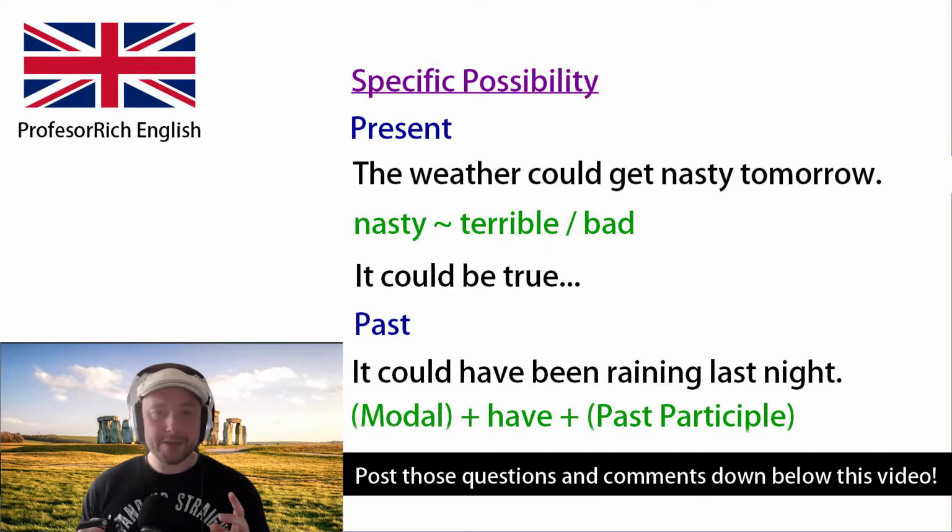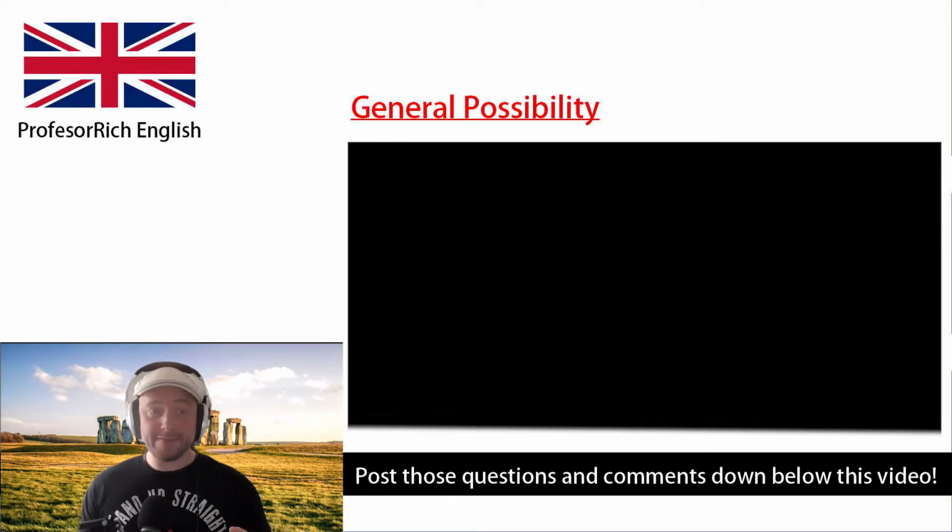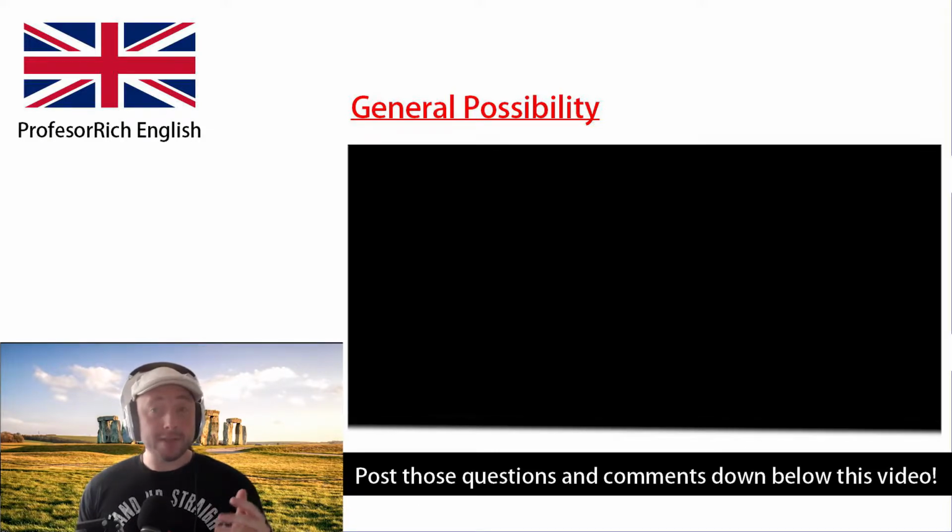What about general possibility? What is general possibility? Well, let's say we talk about December. Not December this year, but December every year, every December. And we could say, the weather can be cold in December.